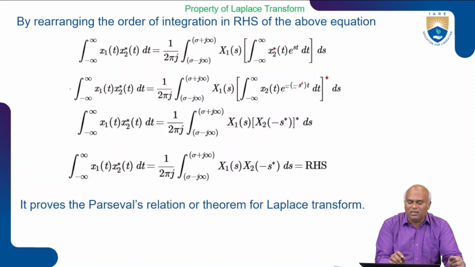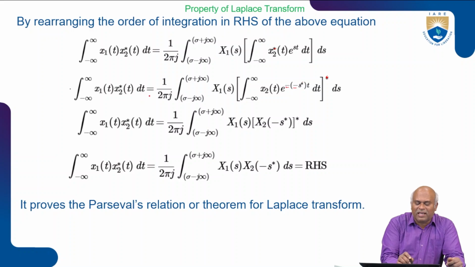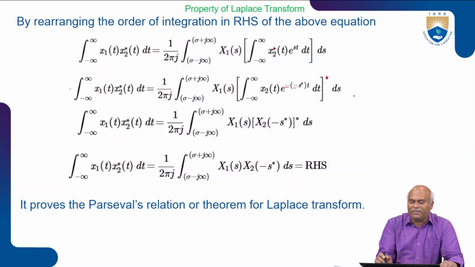So now I write the equation: the integral from minus infinity to plus infinity of x1 of t x2 star of t dt is equal to 1 by 2 pi j integration from sigma minus j infinity to sigma plus j infinity of x1 of s times the integral from minus infinity to plus infinity of x2 of t e power minus s star t dt, whole star, ds.